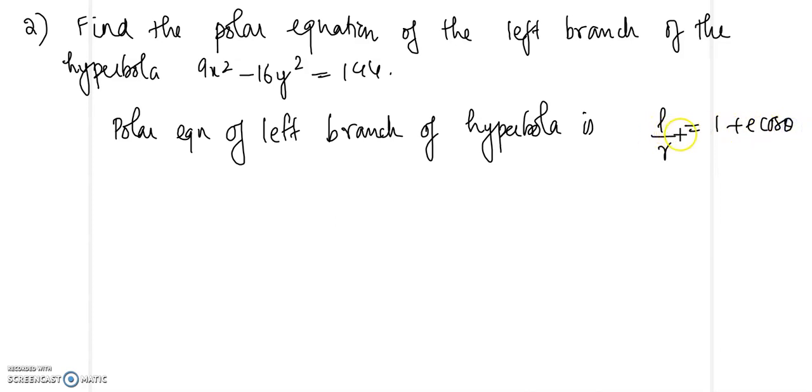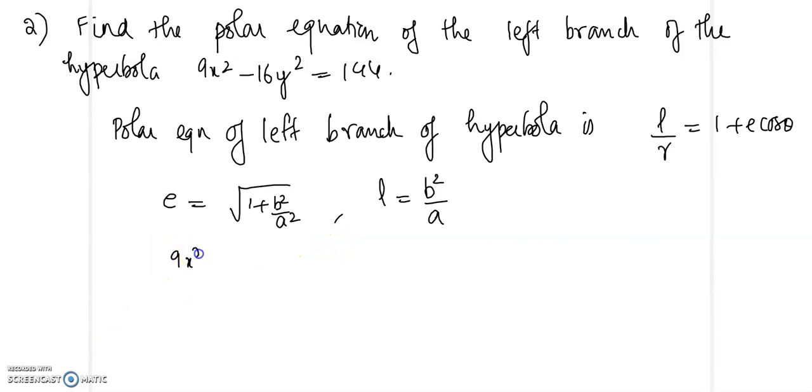So from the given Cartesian equation, we need to find out the value of e and L, the eccentricity and semilatus rectum. So e will be given by root of 1 plus b square by a square, and the semilatus rectum is b square by a. So first let us find out the value of e and L.